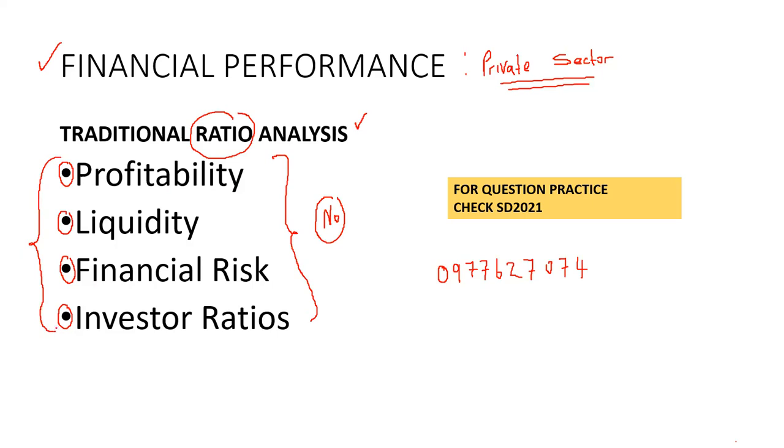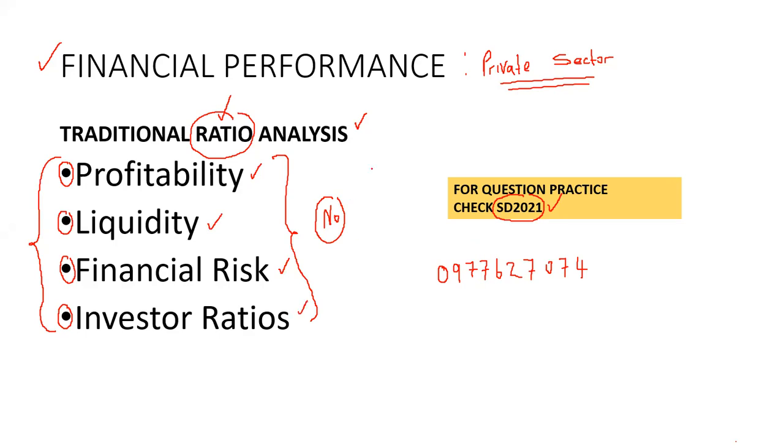However, notice that we saw a change in December 2021. In the December 2021 paper that has been published, I would call what we saw there a departure to a real traditional analysis, which one should talk about profitability, talk about liquidity, talk about financial risk and investor ratios.